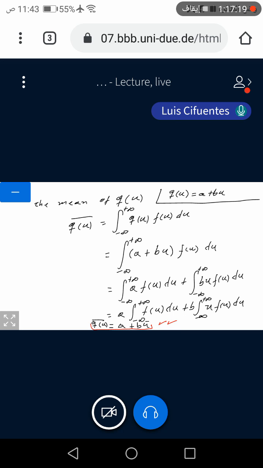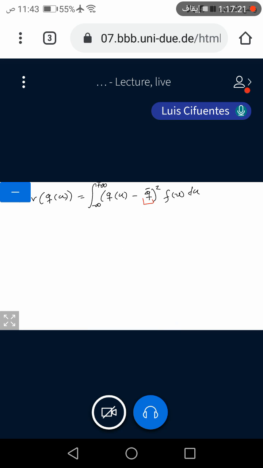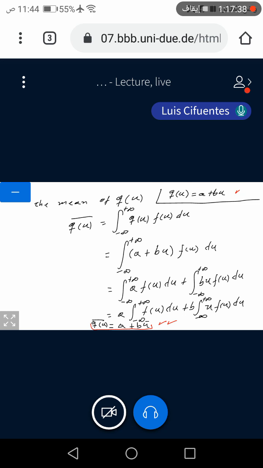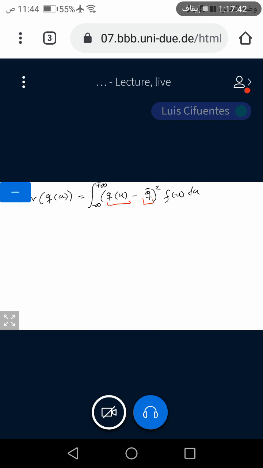So let's replace this value in this second slide, and the value for the mean of Q is just this one. Okay, let's solve this integral.